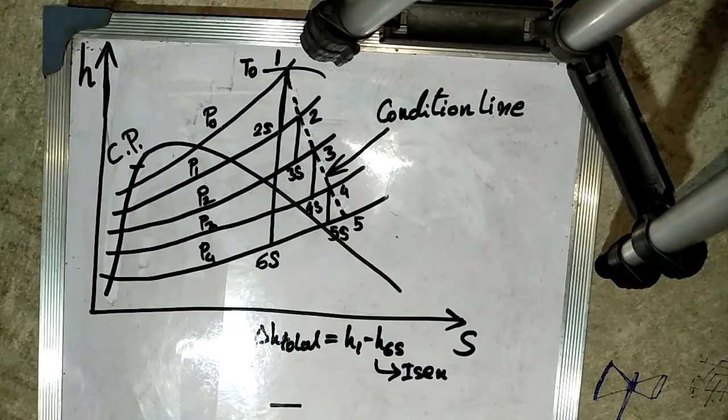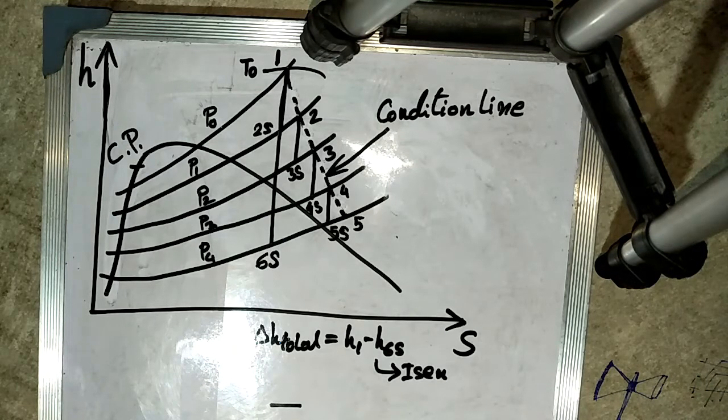The isentropic enthalpy drop in the first stage, that is H1 minus H2S, is multiplied by the stage efficiency to obtain the actual enthalpy drop, that is H1 minus H2, which is cut off from point 1 on the isobar at P1 in the Mollier diagram.